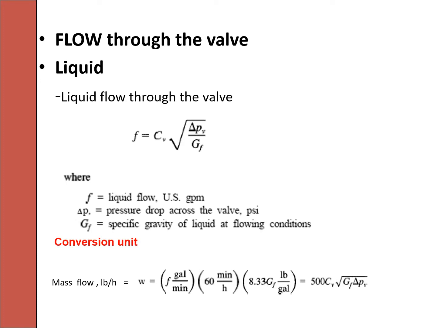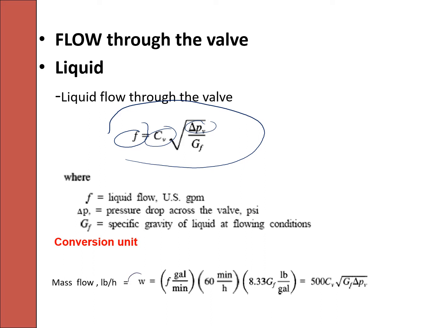Okay, so for the flow through the valve, we have liquid. For the liquid, we will use this formula to calculate the flow. This is flow, this is the flow coefficient, delta PV, which is the pressure drop across the valve, and also the specific gravity. Like what I mentioned inside the previous subtopic, we have W, which is mass flow rate.